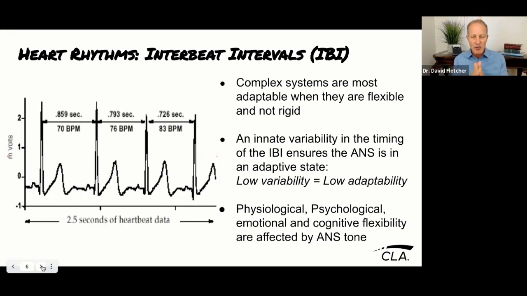So I want you to see what I've written here, and this is so important: complex systems, and goodness gracious, neural networks, but importantly, human beings are complex systems, and they are most adaptable when they are flexible and not rigid, meaning that they have the ability to adapt.